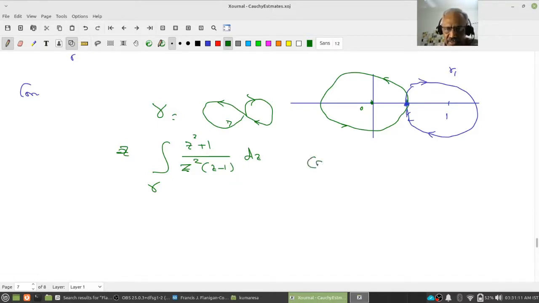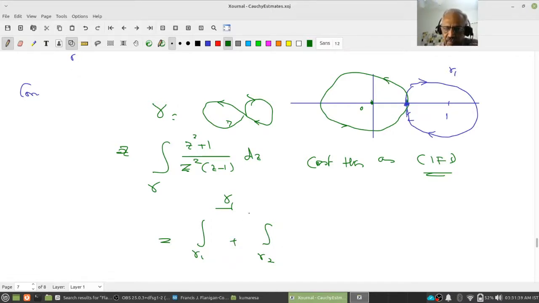I want to cast this as a Cauchy integral formula. Notice that this integral is the integral over gamma 1 plus the integral over gamma 2, because my path is gamma 1 juxtaposed with gamma 2. Is that okay?